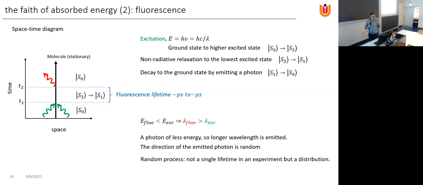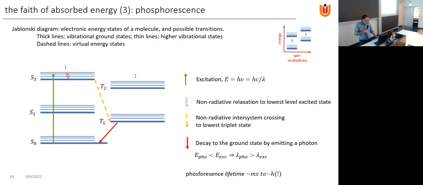You can also measure this fluorescence as a function of time. Phosphorescence is very similar to fluorescence. It's just a little bit more complicated. Here, the molecule has a set of triplet states as well, where after excitation, there can be some energy transfer to a triplet state, followed by a decay to the ground state from the triplet state.